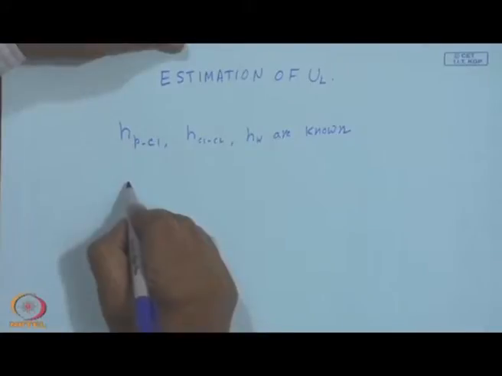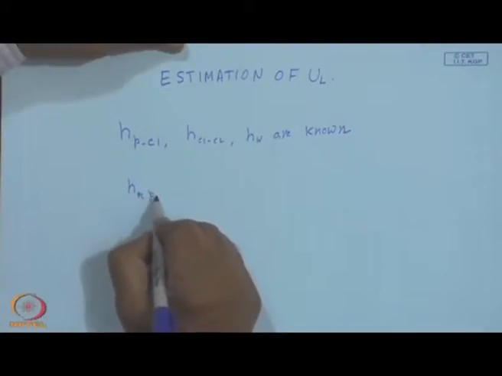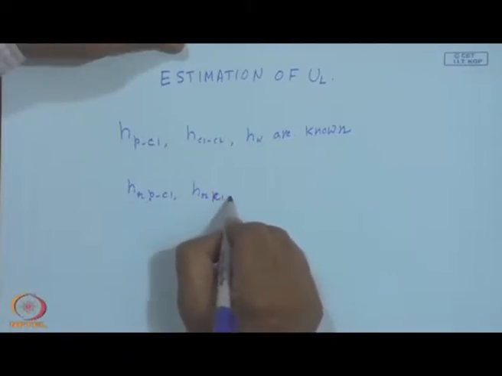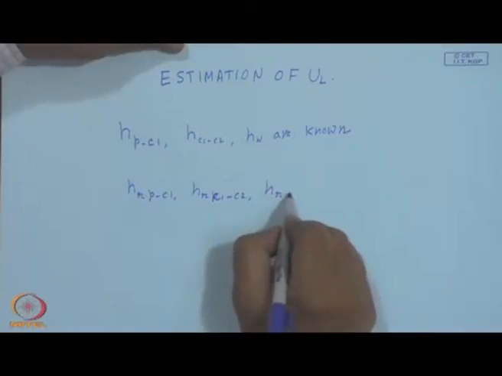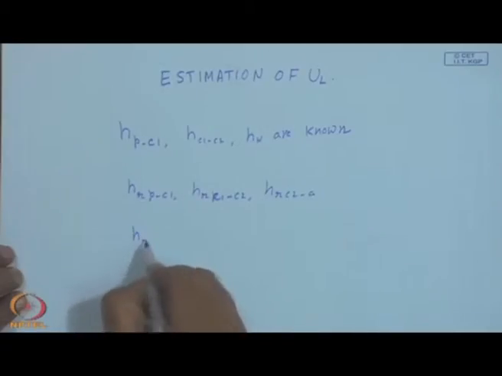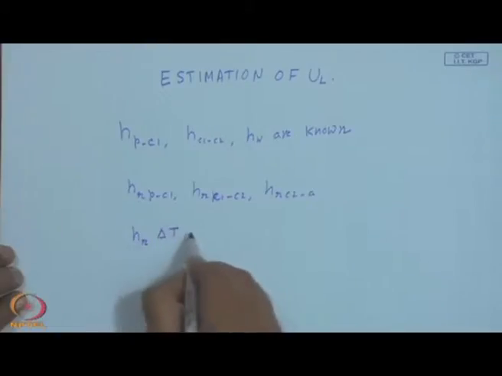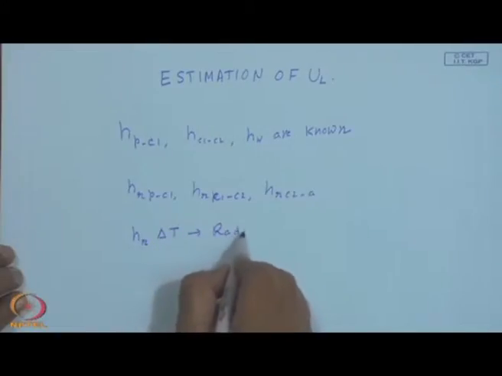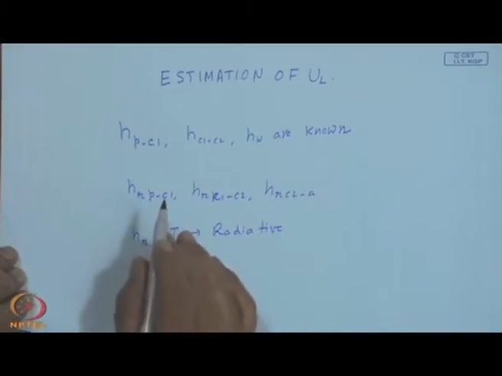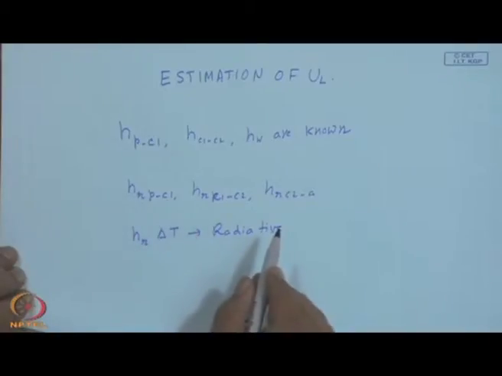Now, which we also have got H r P 2 C 1, H r C 1 to C 2, and H r C 2 to ambient. These are radiative heat transfer coefficients, which in general H r multiplied by some delta T gives the radiative loss. Though we know that the radiative loss is proportional to the difference of the fourth power of the temperature, this has been expressed similar to that of convective loss.